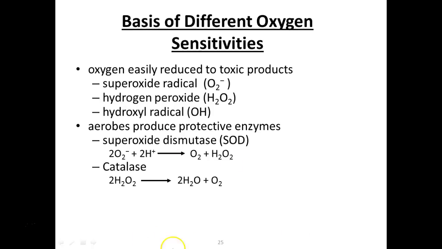They take toxic forms like superoxide radicals and combine them with hydrogen ions, protons, and turn it into a safe form of oxygen, but they still produce a bad form, which is hydrogen peroxide. But that's where catalase comes into play. Catalase can convert hydrogen peroxide into water and safe gaseous oxygen.